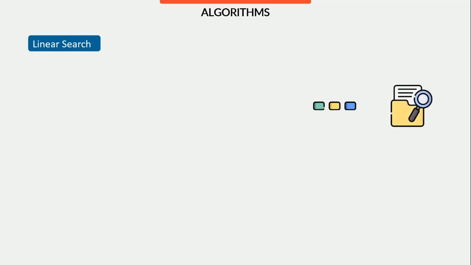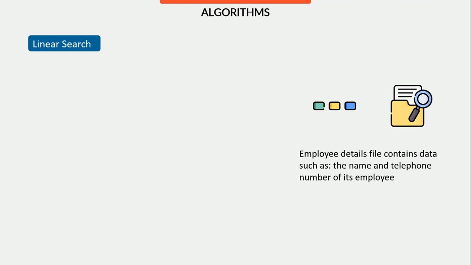You might have heard about linear search. Linear search means searching an element in a list in a linear fashion. If we want to search any element or any name or anything in a given list, then what should we do?